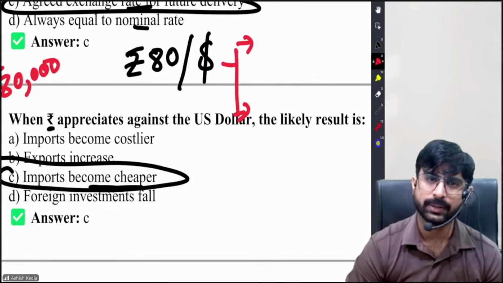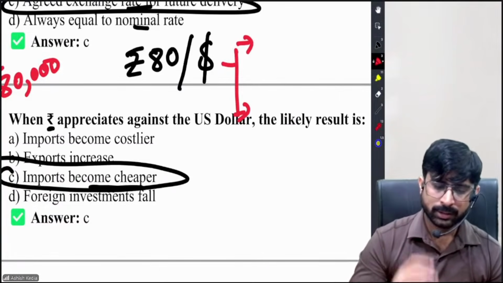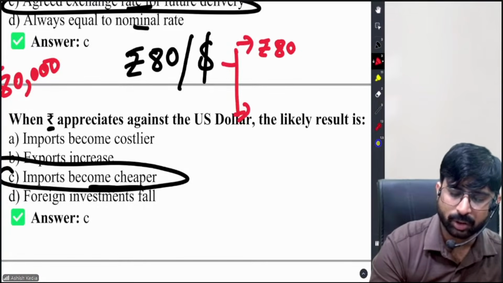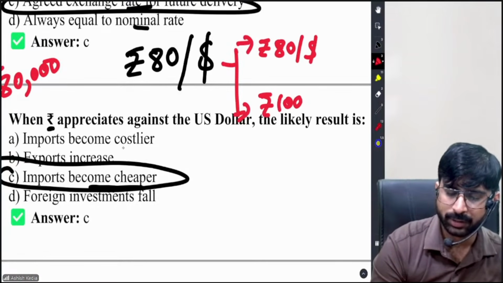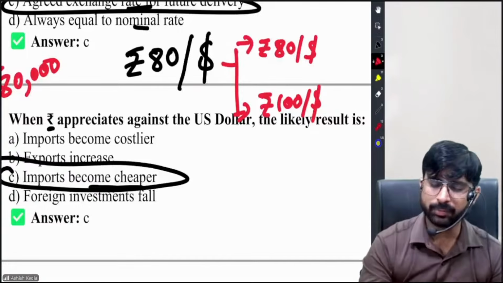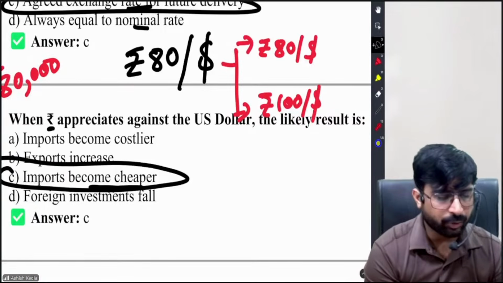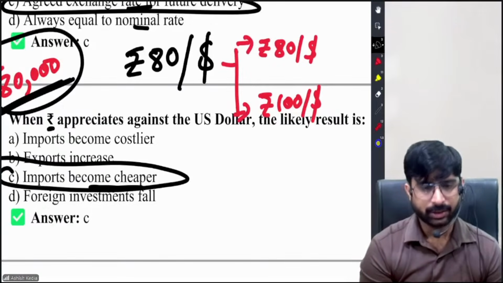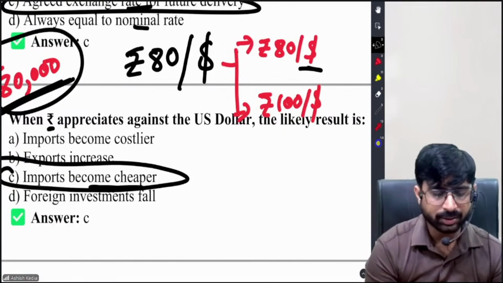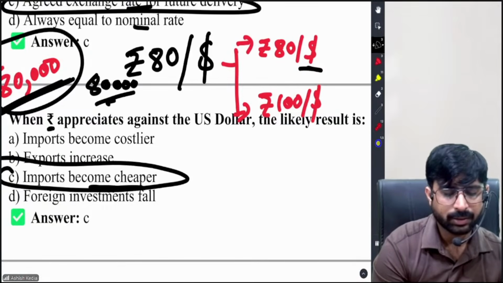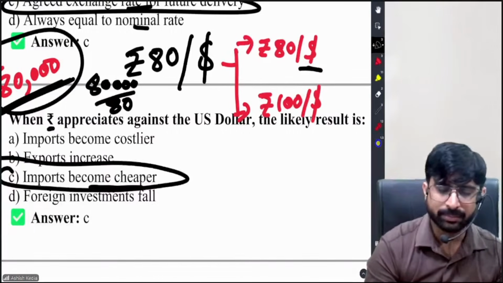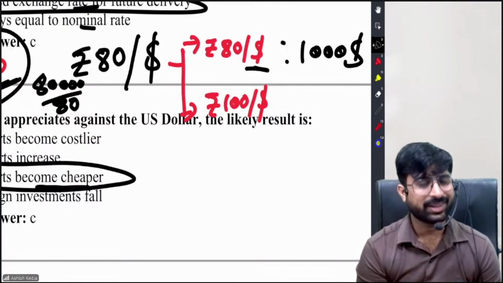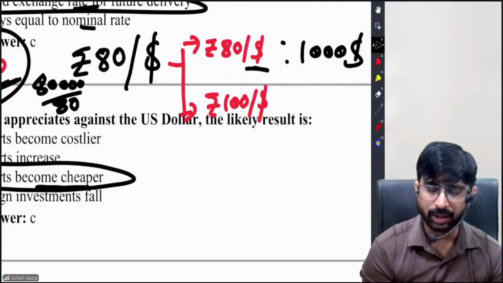Now, think from the foreigner's perspective. If the foreigner wants to buy these goods of rupees 80,000, they will have to give how many dollars? 80,000 by 80. So for the foreigner, the price is $1,000. Think carefully.